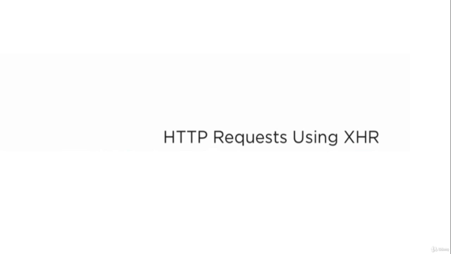If we look at this acronym XHR, the H and the R stand for HTTP request, but the X actually stands for XML, and that was the popular file format when this was created. A lot of data transfer was done using XML, but things have gradually moved over to JSON.